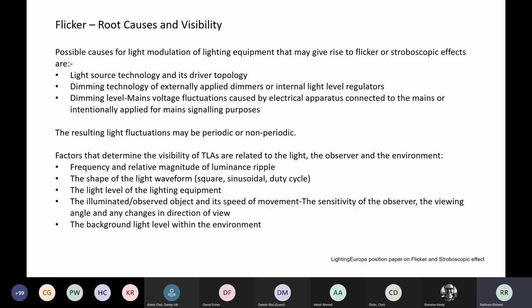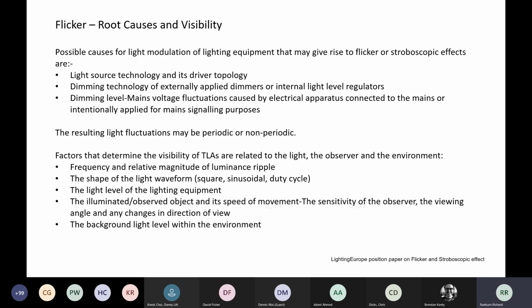What type of dimming technology are we using? Can have quite a large effect on what flicker we see, and also mains fluctuations. That can have a bearing as well as things like mains dimming. So any phase dimming could be very noisy in that respect.